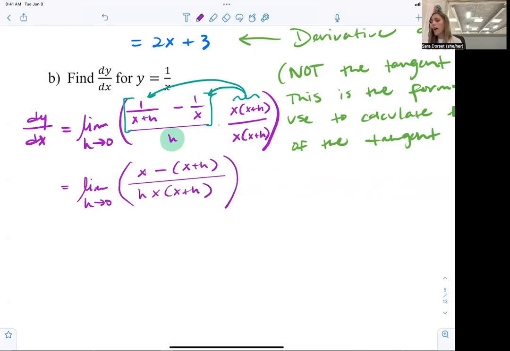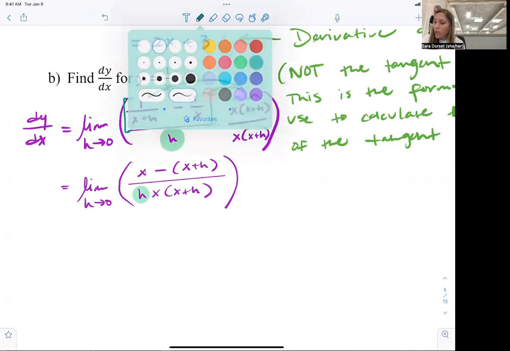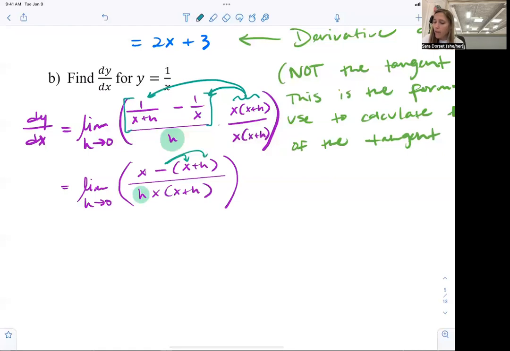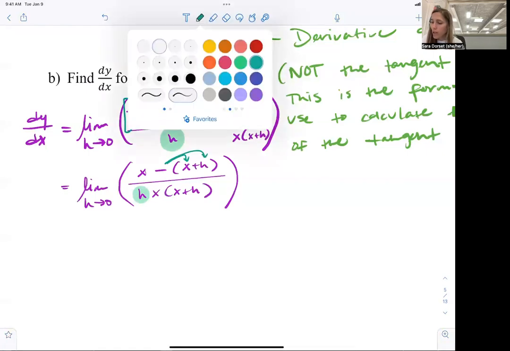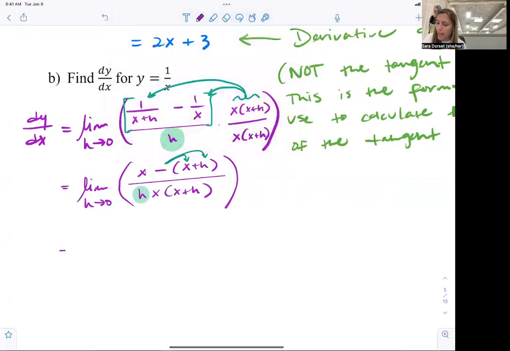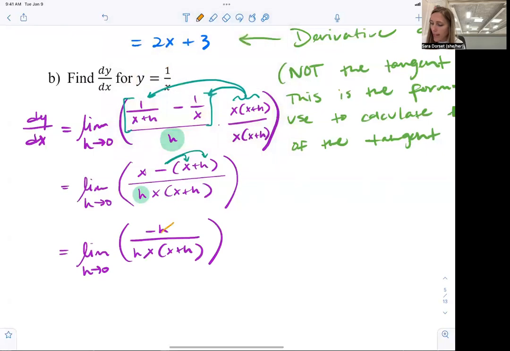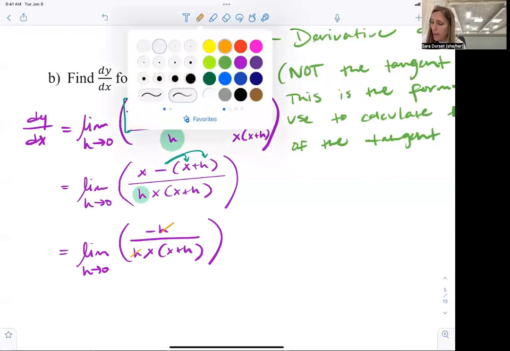Remember, don't distribute that h in. We want that h to cancel. You can follow it all the way through. Then we want to distribute that negative. Try and uncover that h that we're trying to get to cancel with the h in the denominator. So we would end up with negative h over h times x plus h. So this h will cancel with this h. Yay, we've done it.